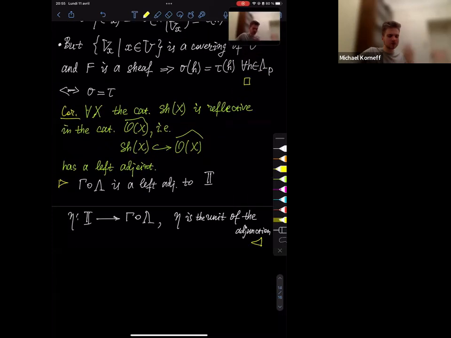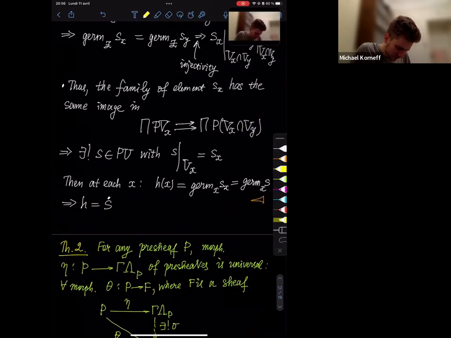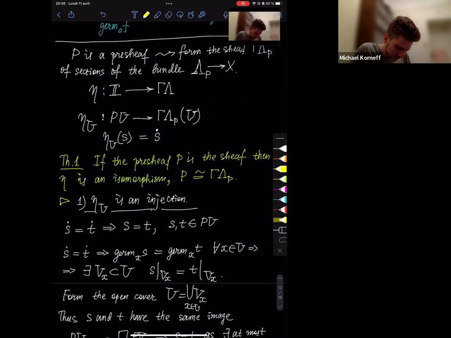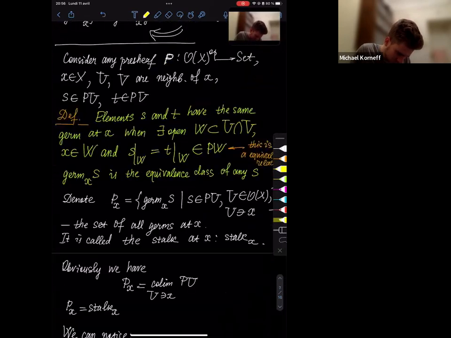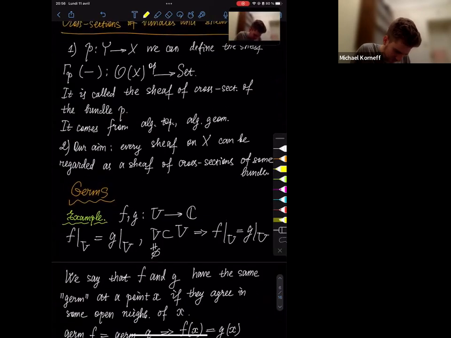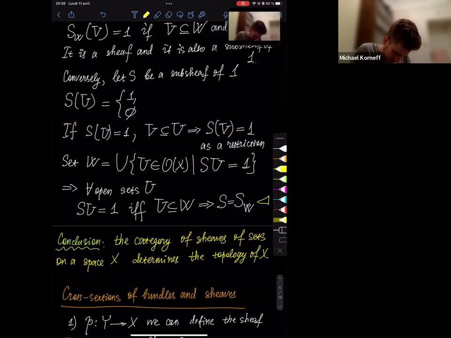And this corollary gives us another way to prove the previous statement. What is the statement? Just a second.